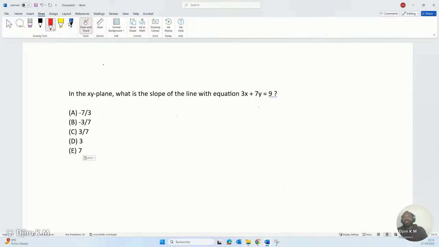We know that y is equal to mx plus b, where m is the slope.